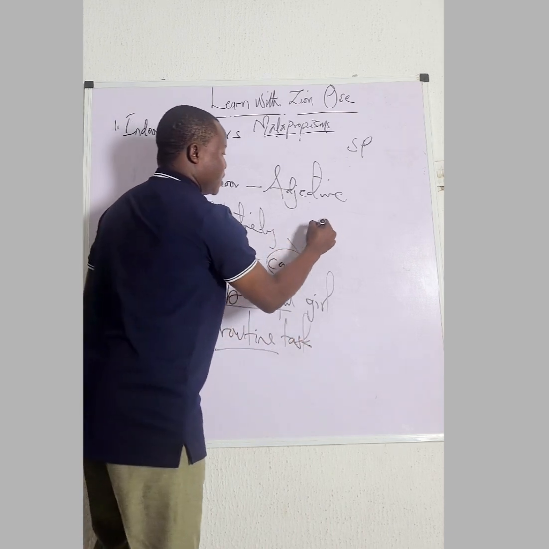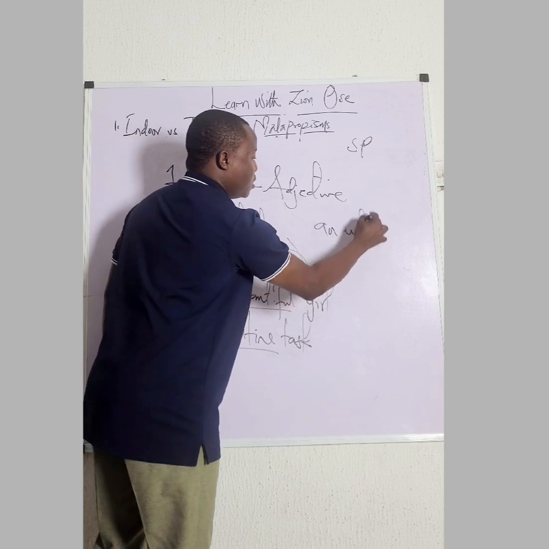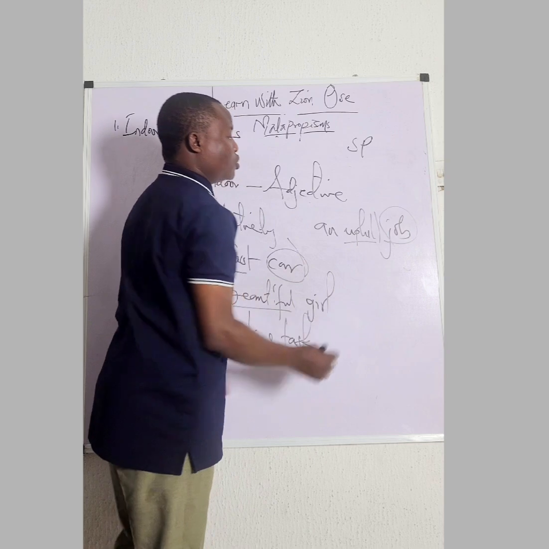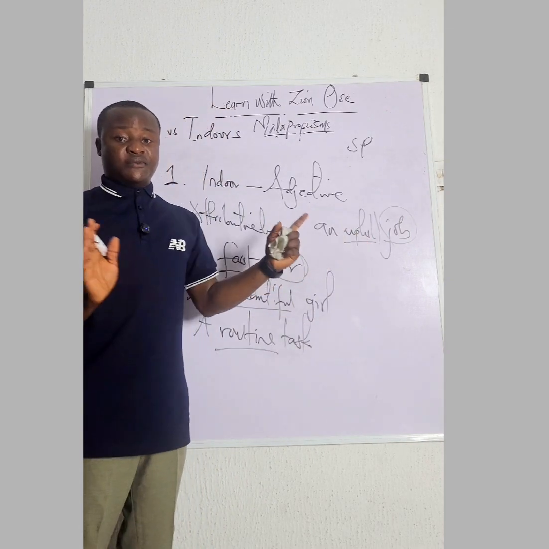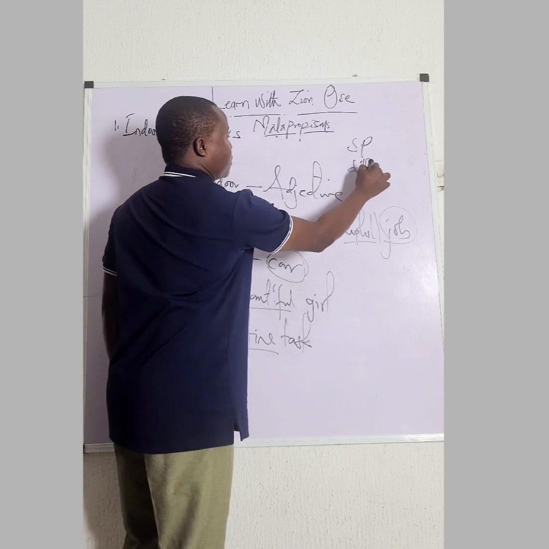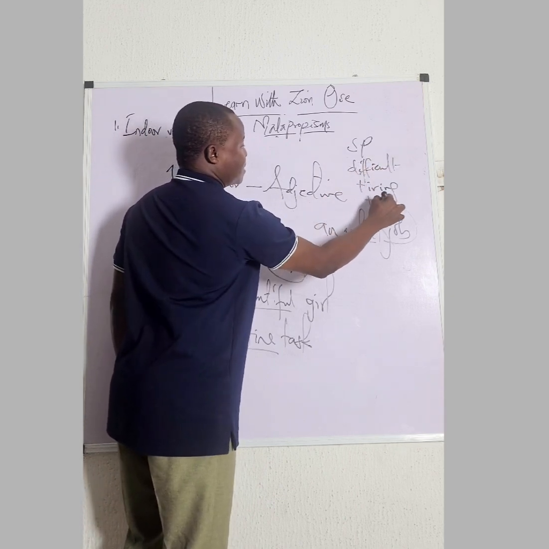We have examples like, let's use an uphill job, where uphill describes job. Of course, uphill means difficult. To be uphill is to be difficult, to be tiring, to be taxing.